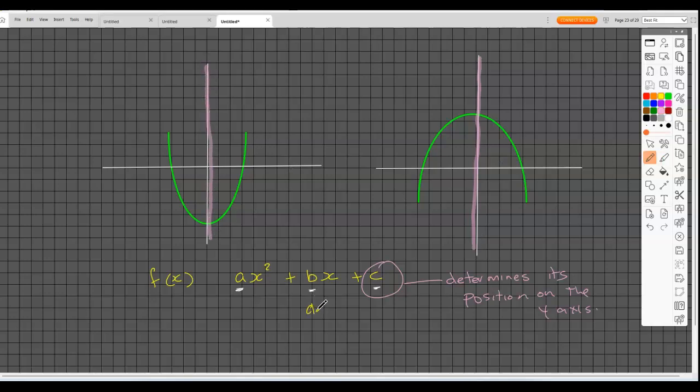B determines the position on the x-axis.